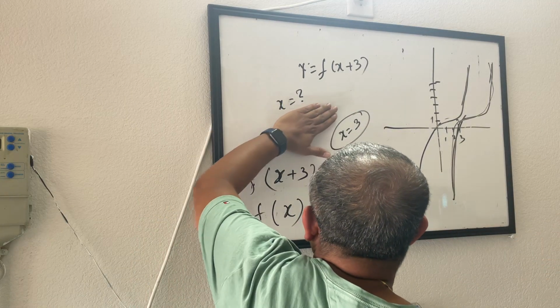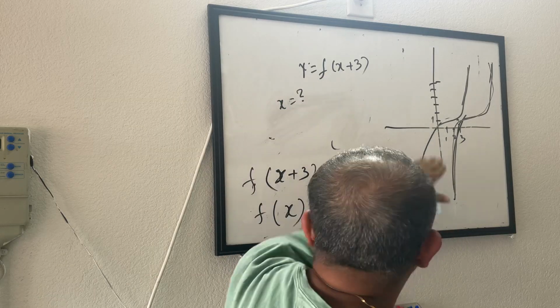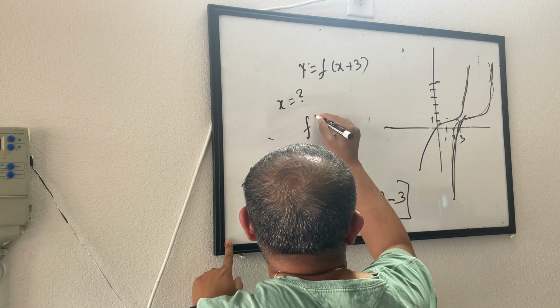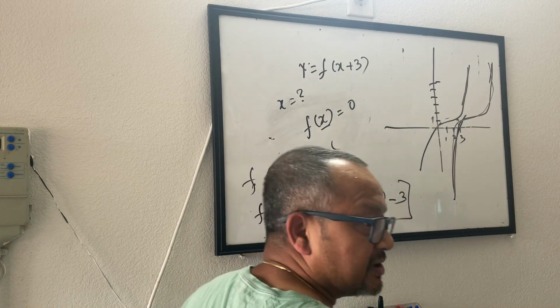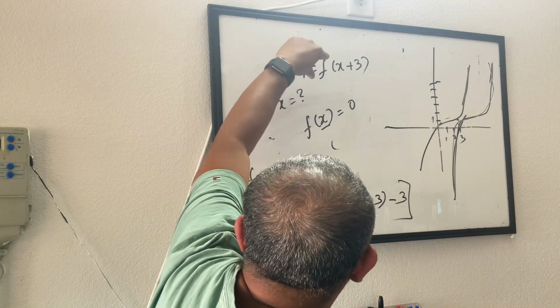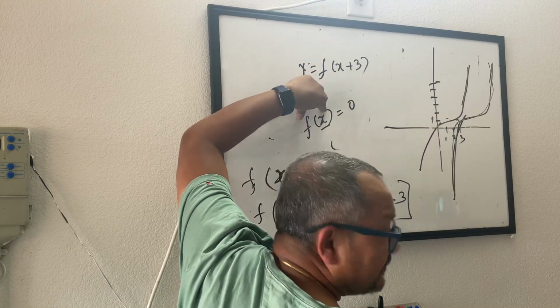If somebody says you have a graph given to you and says find out the point where f of x is equal to 0 or 3 or 9, whatever it is. First thing that I have to look at is I have this function given, I have to find out the value of this function.